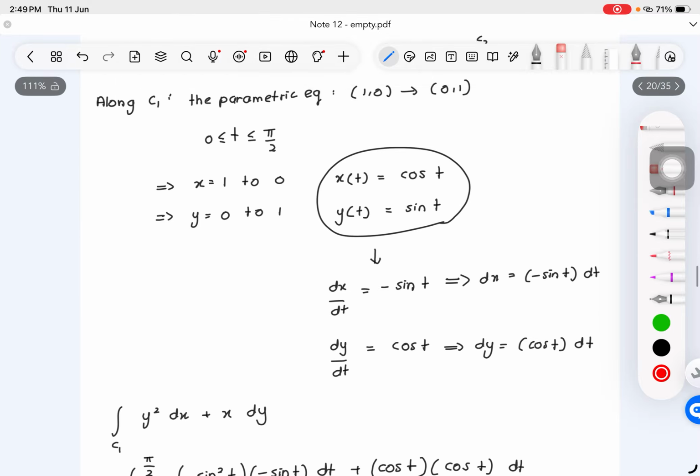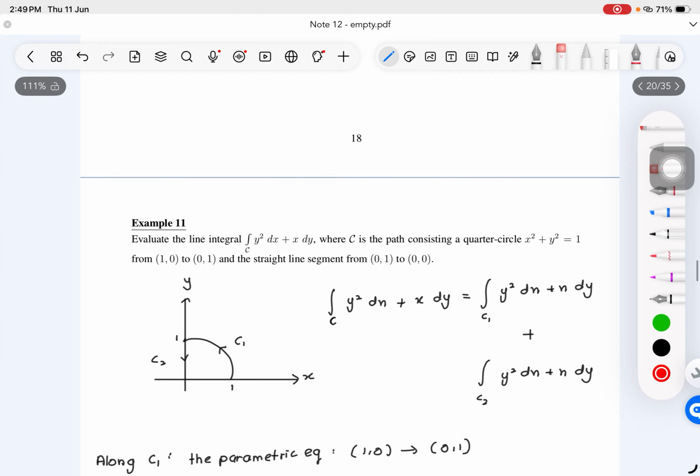So we go with example 11 here. This is like the example just now. They ask you to evaluate the line integral for this one. This is a quarter circle, and the point is moving from (1, 0) to (0, 1). This is your first line segment, which is C1.